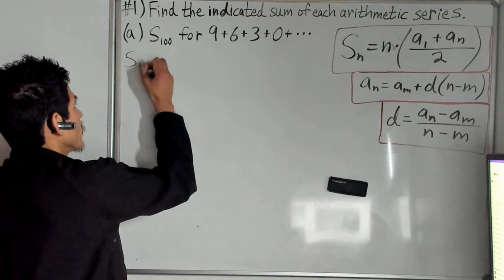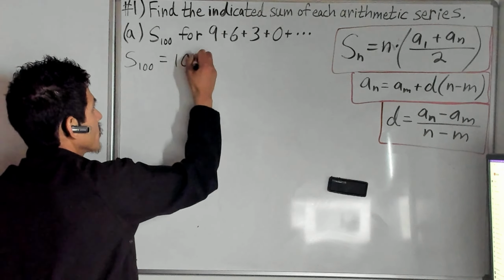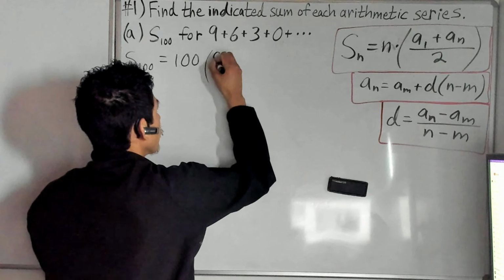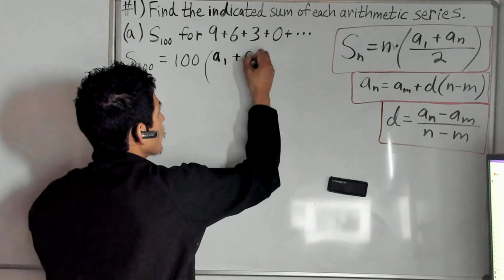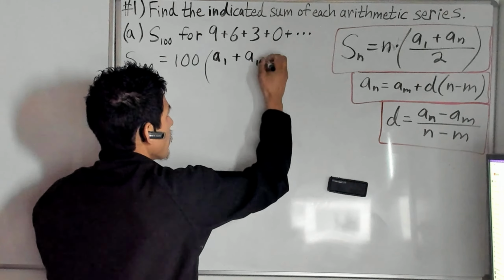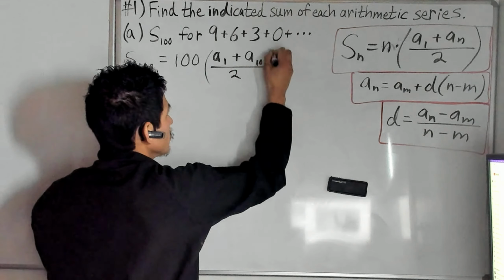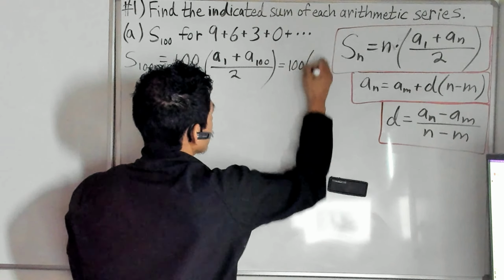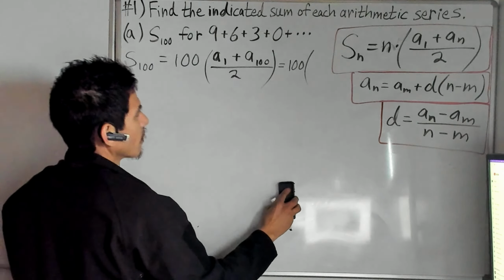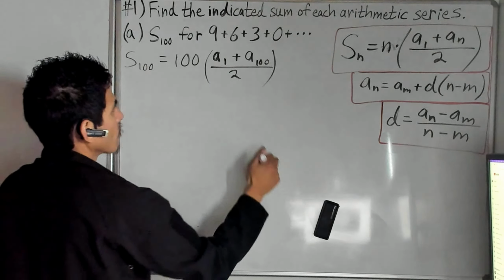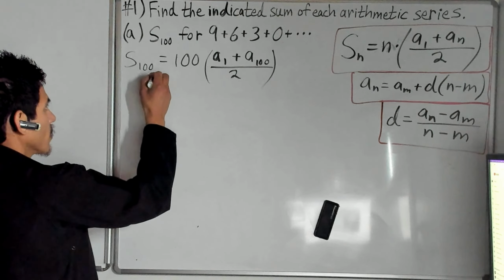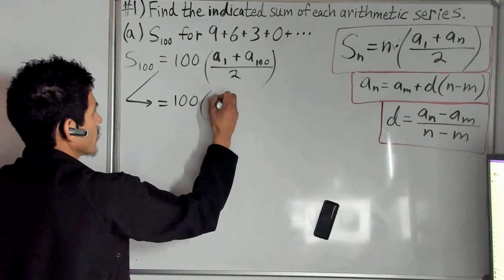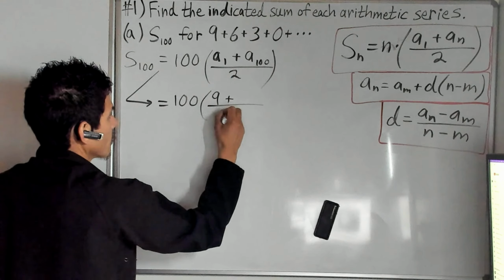Using this equation, S100 will be equal to 100, because n is 100, times a1 plus an, or plus a100, over 2, which is going to be 100 times a1, which is 9, but we need a100 over 2.